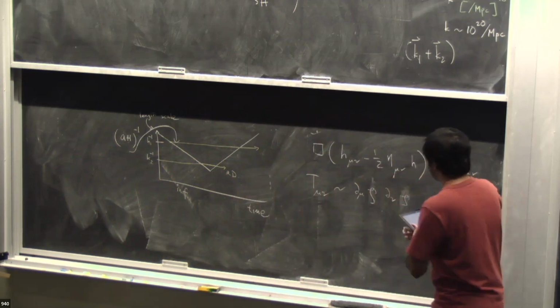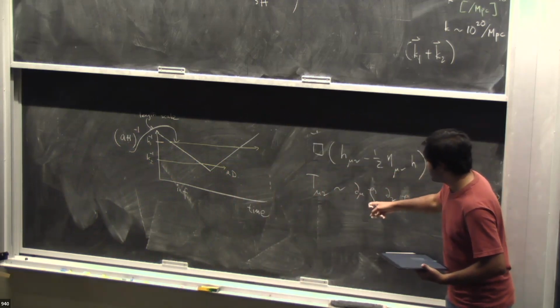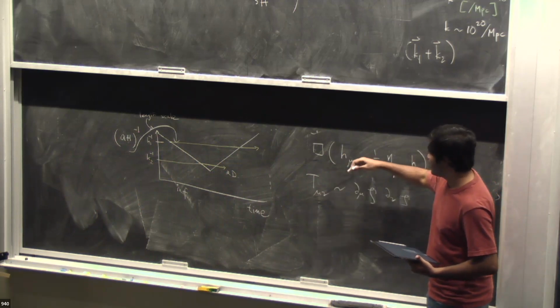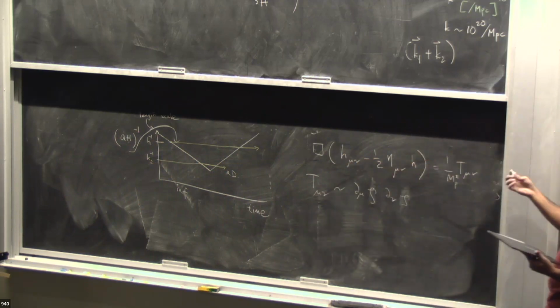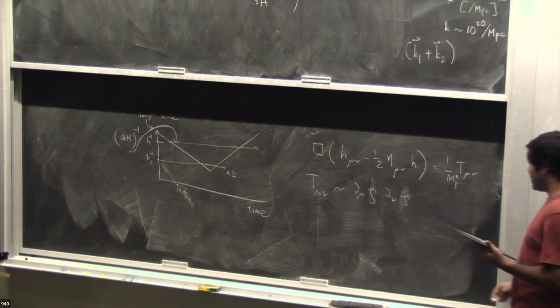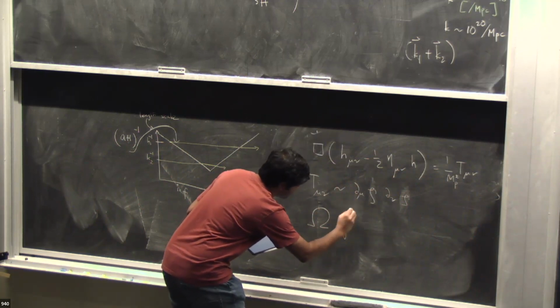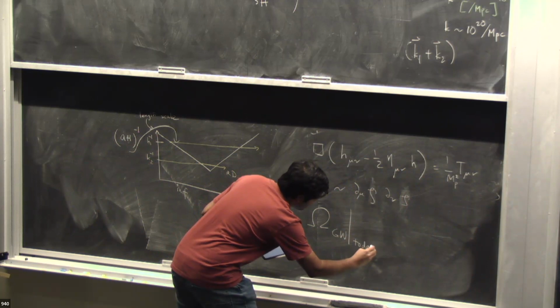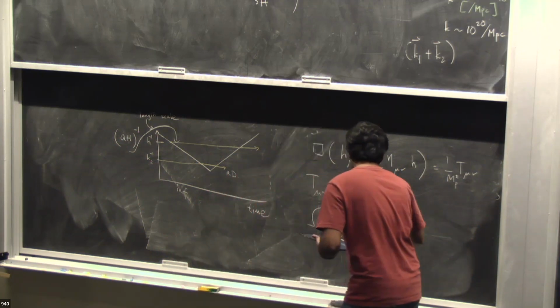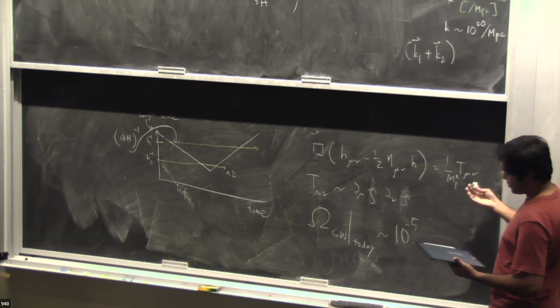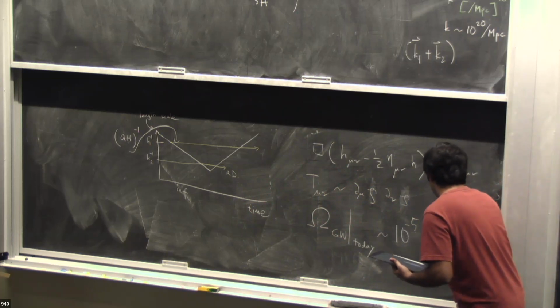So what it means is that if you have some enhancement in zeta, the contribution to the T mu nu, and hence to h mu nu, would be larger than what you expect. And if you just go through the algebra, what you'll see is that if you finally compute the energy density in gravitational waves today, then you'll have the standard 10 to the minus 5 that you also get, for example, for radiation.